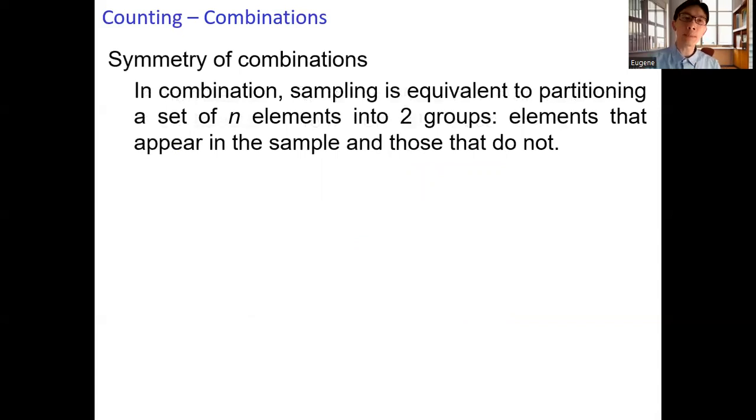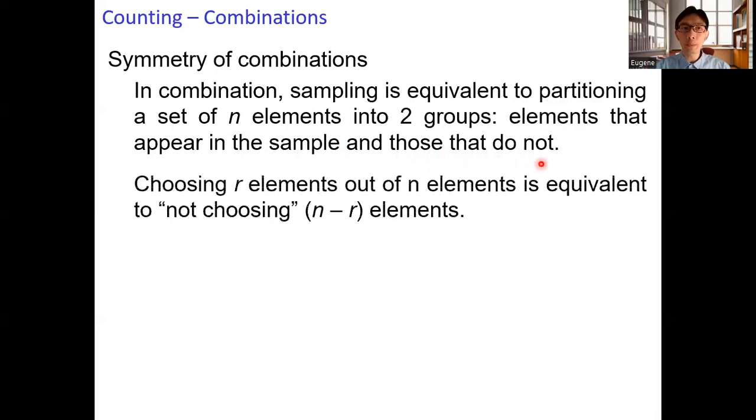Let's take a look at some symmetry of combinations. In combinations, sampling is equivalent to partitioning a set of n elements into 2 groups: the elements we select in the sample and the elements that we do not select in the sample.